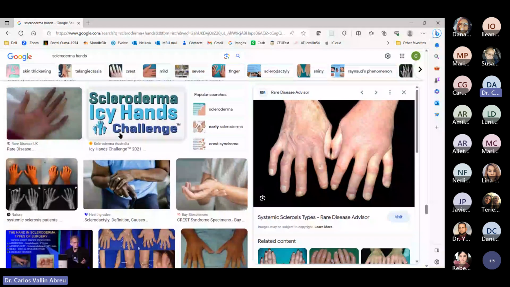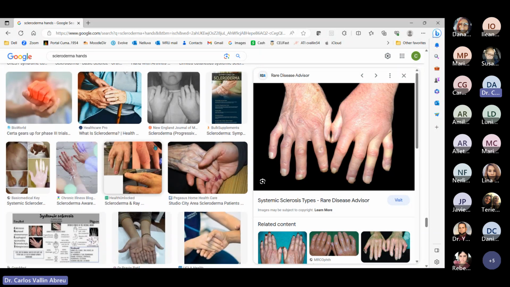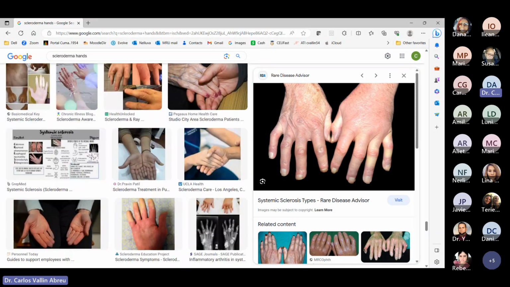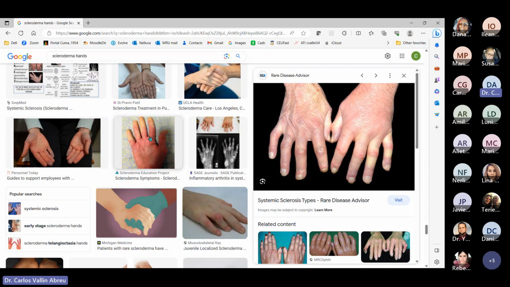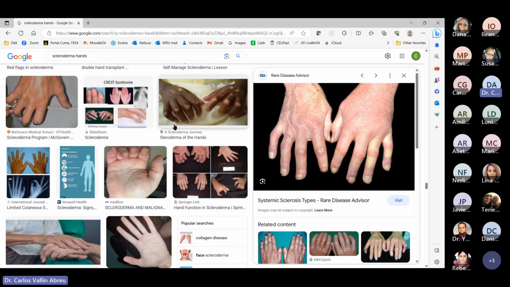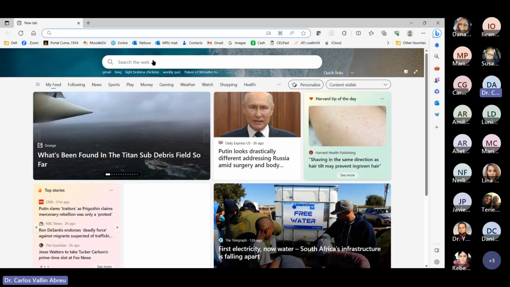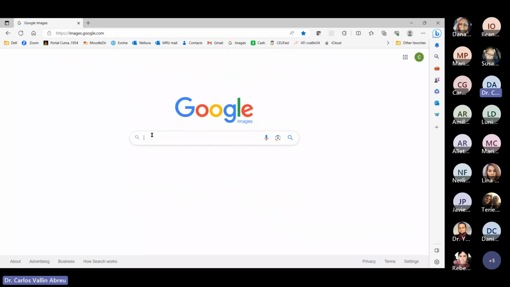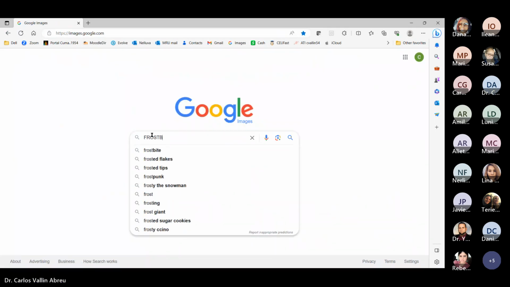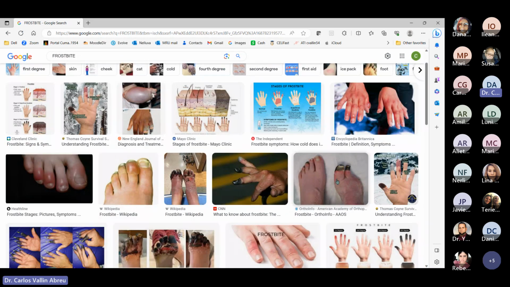So what is the difference with frostbite? That you go to Alaska in January, and God forbid you are lost in the snow, and then your poor fingers become ischemic, and then you have these severe burns in your fingers.